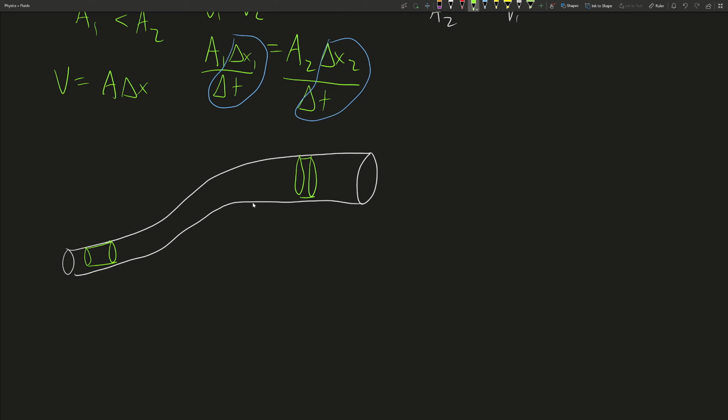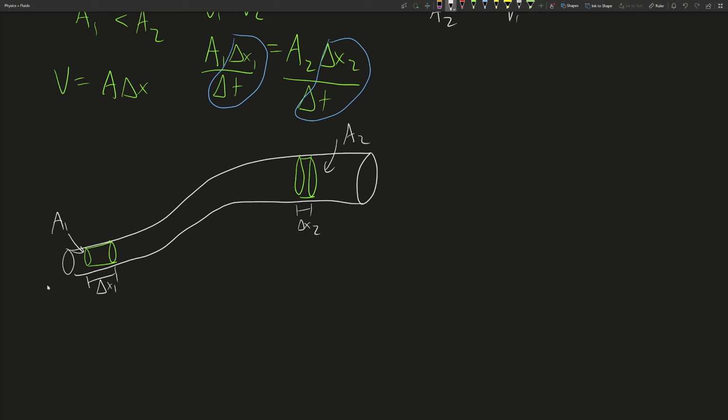Now, since these both have the same mass and the same volume, let's call this here area 1, and then this area 2. Call this distance here change in x1 and change in x2. We know that change in x1 has to be greater than change in x2 since area 1 is less than area 2.